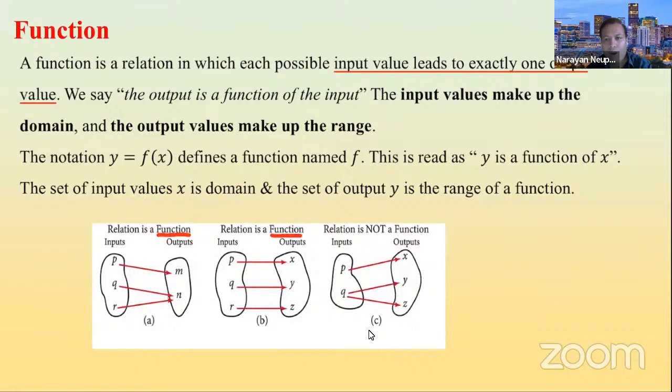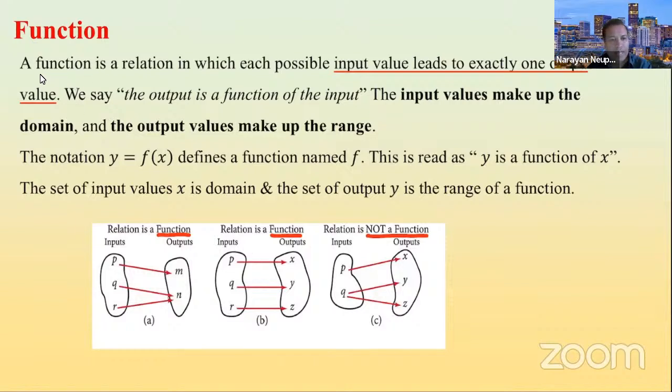But if you look at the third one now, P has only one output, that's X. But if you look at Q, Q has two outputs, Y and Z. If there is more than one output for a single input value, that is not a function. So we say that the third mapping diagram does not represent a function. So that is the definition.